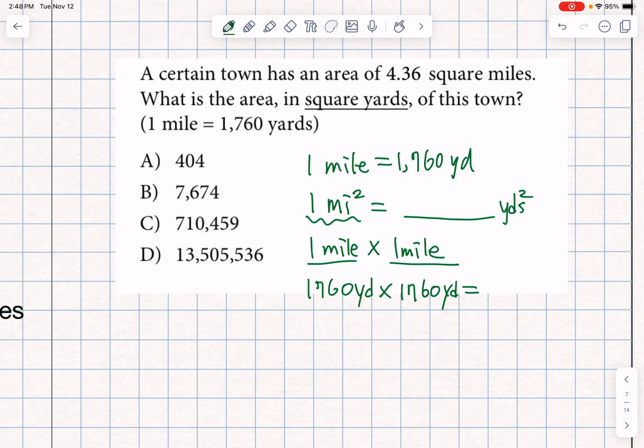If you multiply together, then you will get 3,097,600 square yards.